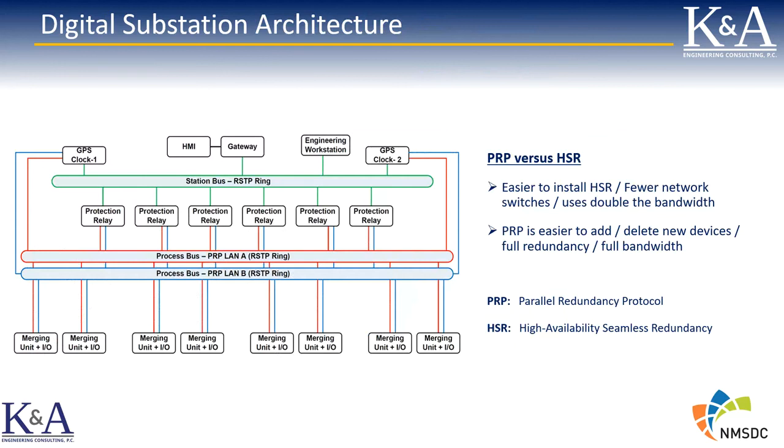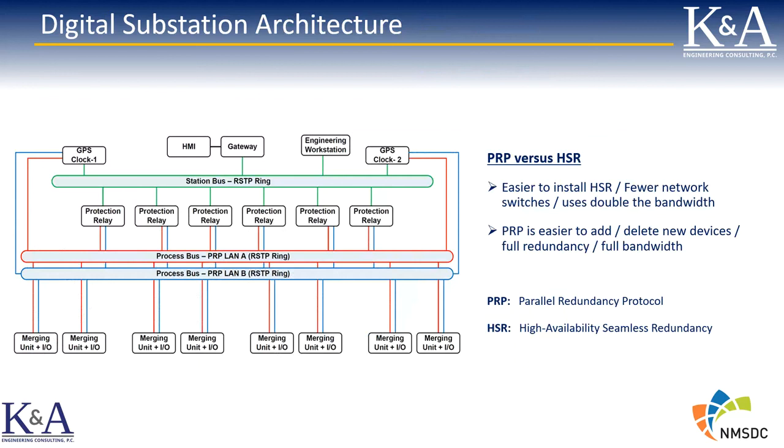So in case there's a failure of a network component, the network goes down, or the link to that network goes down for some reason, the very important sample values will still get through to the protection relay. So a single component failure will not take down the protection function.